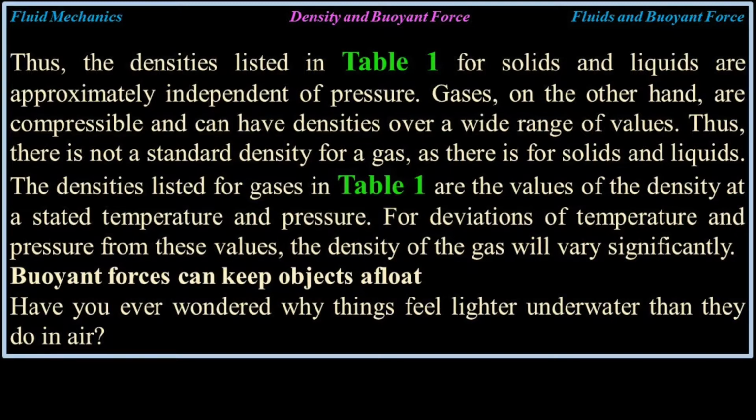Thus, there is not a standard density for a gas, as there is for solids and liquids. The densities listed for gases in Table 1 are the values of the densities at a stated temperature and pressure. For deviations of temperature and pressure from these values, the densities of the gases will vary significantly.